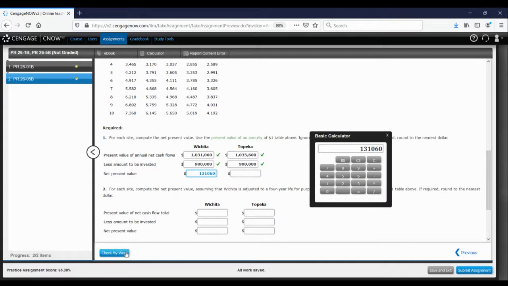$131,060 is my net present value for Wichita. For Topeka, I'll take my total present value and subtract out 900,000, the cost of the asset, and that will leave me with 135,600.